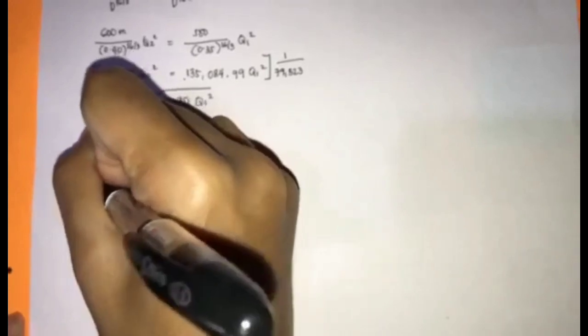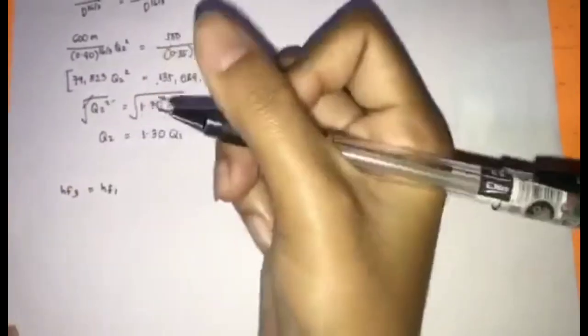So now we will get the value of Q3 in terms of Q1 using the equation HF3 is equal to HF1. Same process, L Q sub 3 squared over D raised to 16 over 3 is equal to L Q sub 1 squared over D raised to 16 over 3.